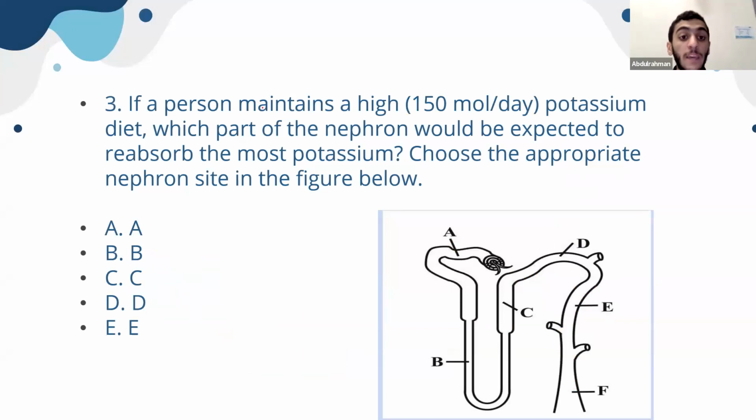Last question. If a person maintains a high potassium diet, which part of the nephron would be expected to reabsorb the most potassium? Choose the appropriate nephron site in the figure below. So which one reabsorbs the most potassium? You said D. Okay, this was a tricky question.